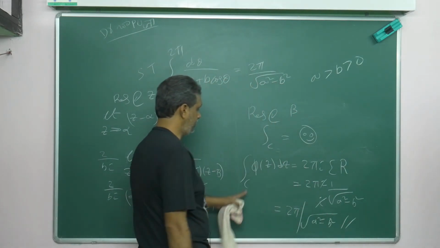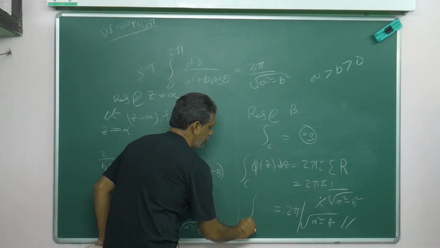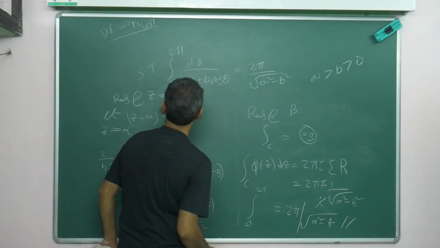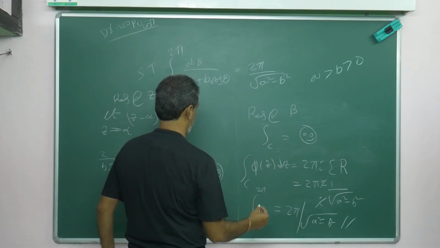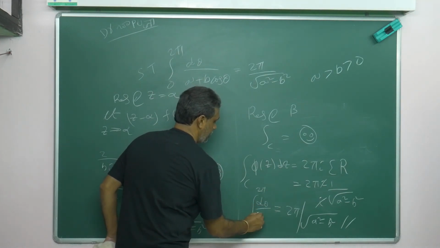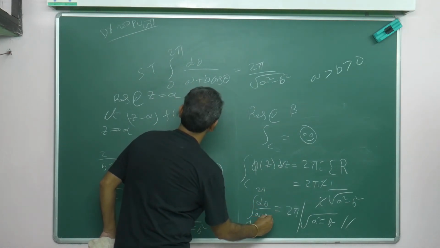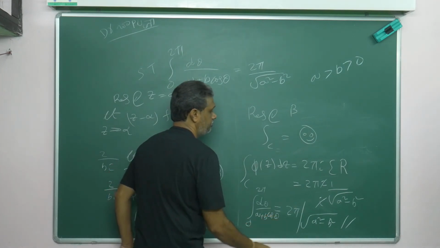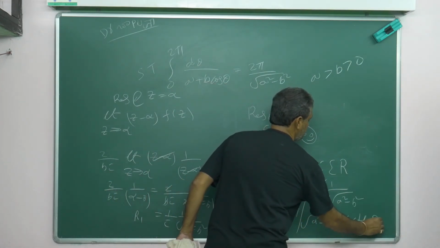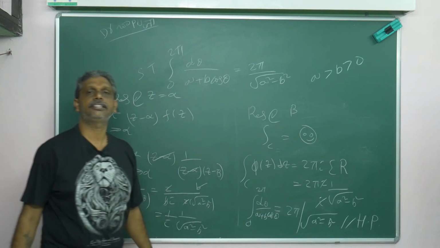Proved. But this is equal to the integral from 0 to 2 pi of d theta by a plus b cos theta. Hence proved.